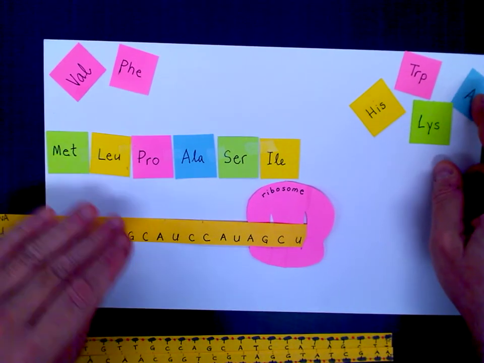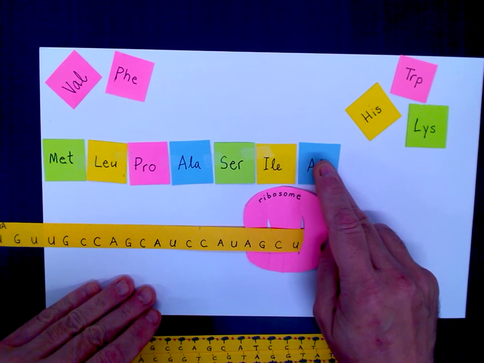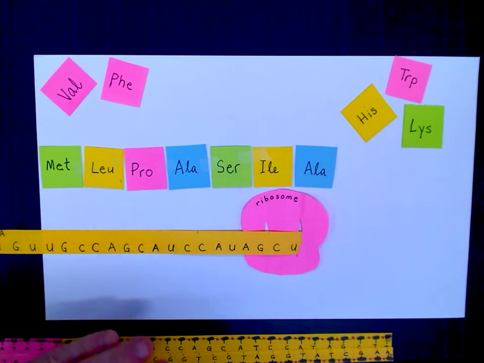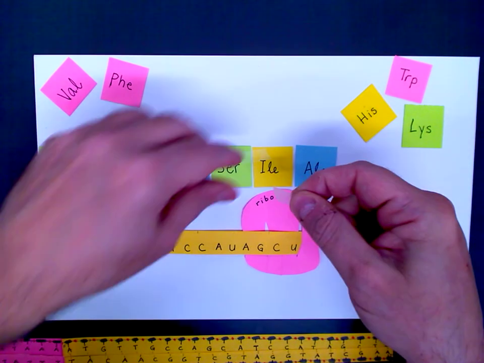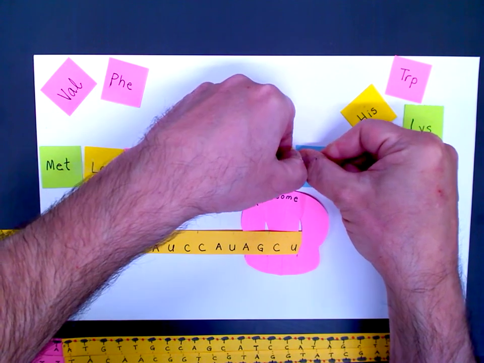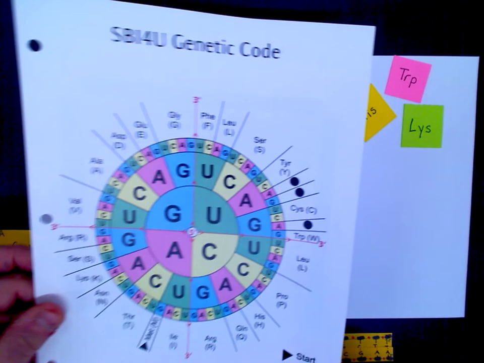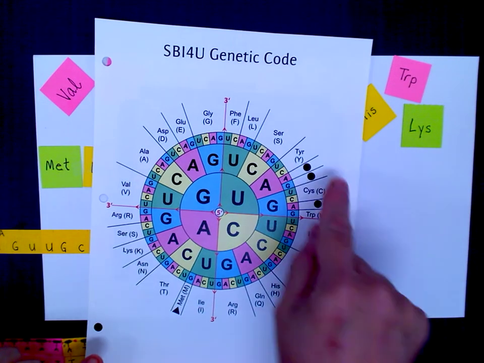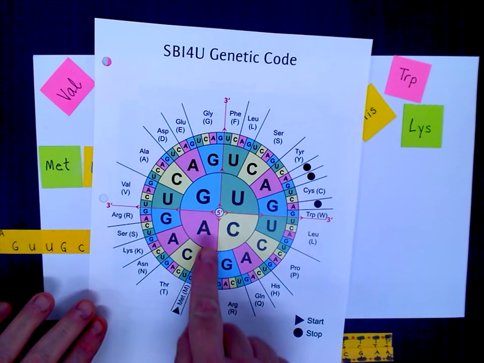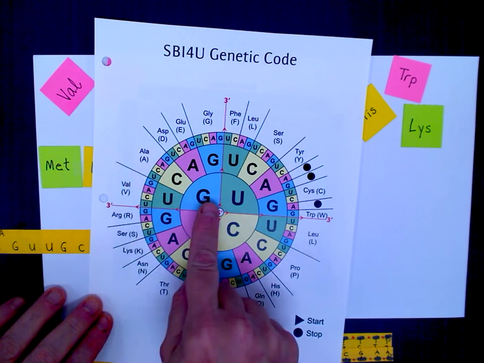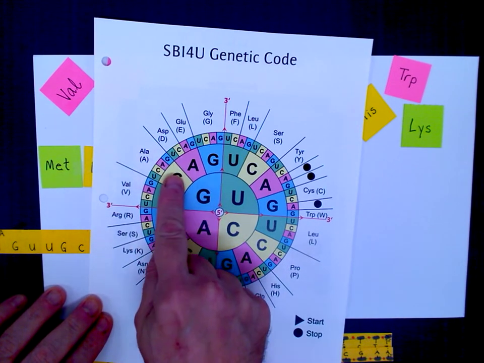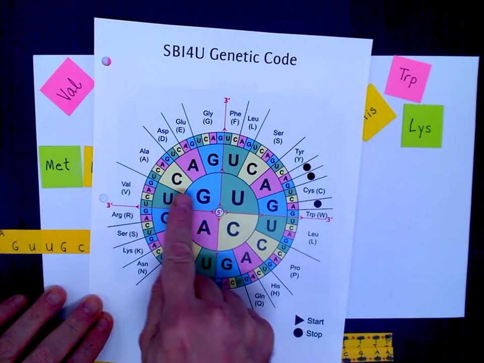That's going to be another alanine, right? So the code is repetitive, or as we say in biology, it's redundant. In other words, there are 20 amino acids, but there is more than one way of coding each. So for example, alanine can be GCG, GCA, GCC, GCU.